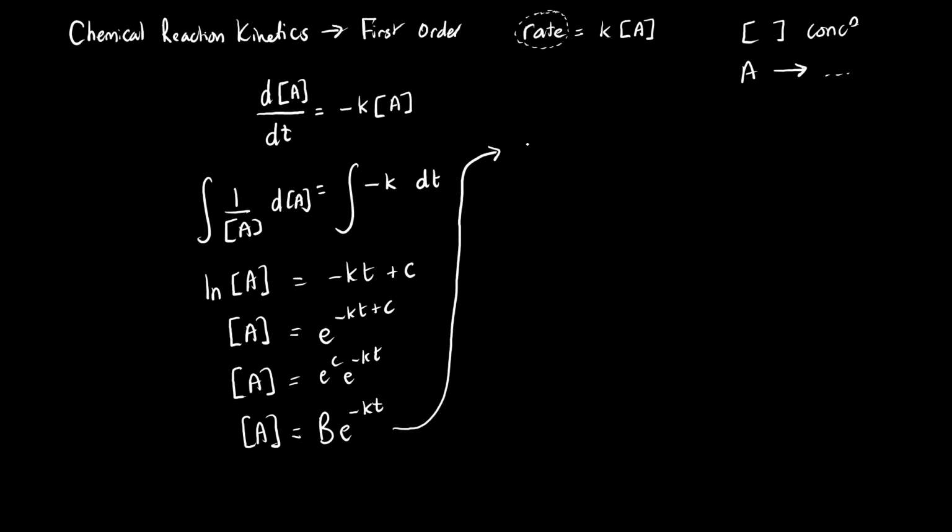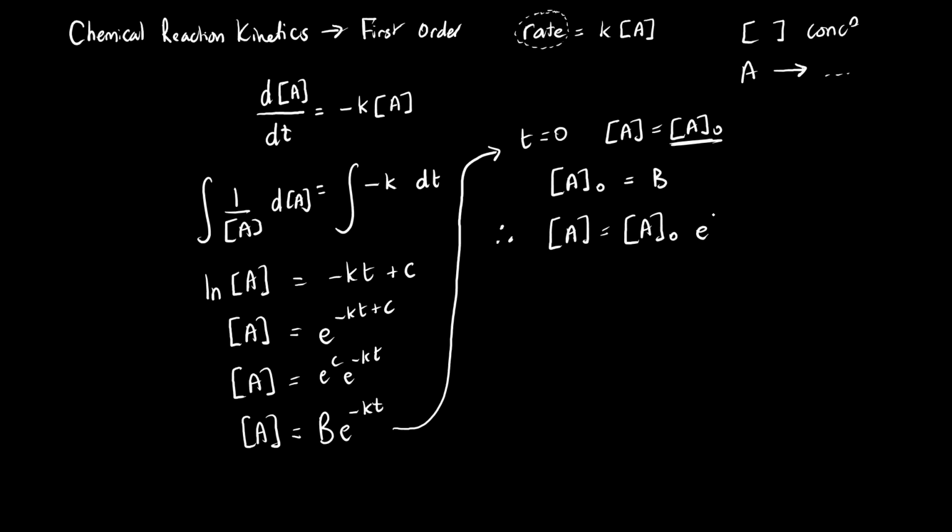Now let's do a similar thing to before. Let's say at time 0, the concentration is the initial concentration, A0. So I'd have A0, put it into that equation, is B e to the 0, which is 1, so A0 is B. And therefore our equation becomes A, the concentration of A, equal to the initial concentration, e to the minus kt.